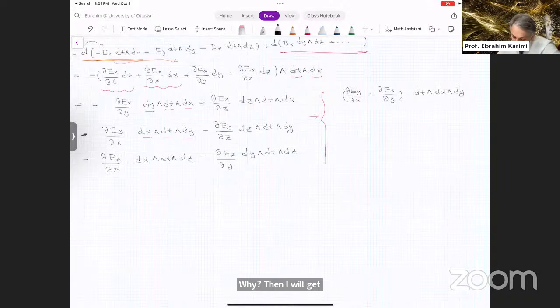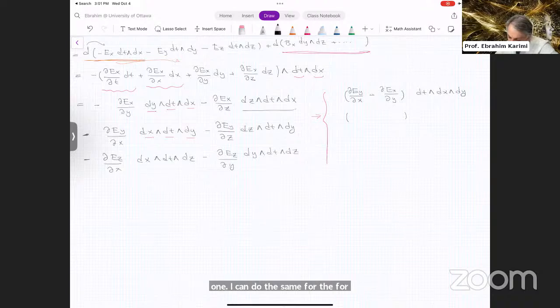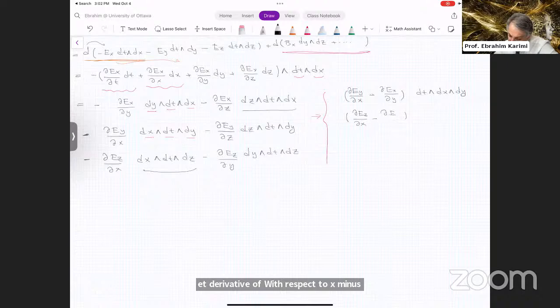That's the first one. I can do the same for z, t, and x, which is that one. I will get the derivative of ez with respect to x minus the derivative of ex with respect to z.